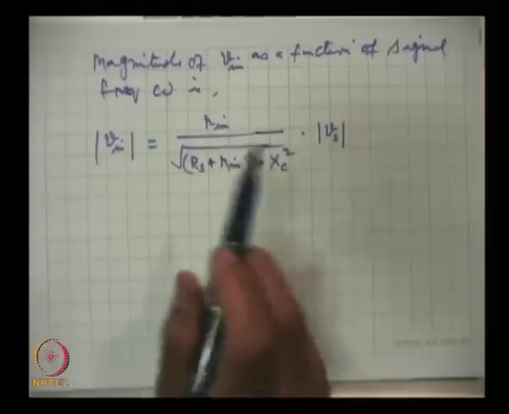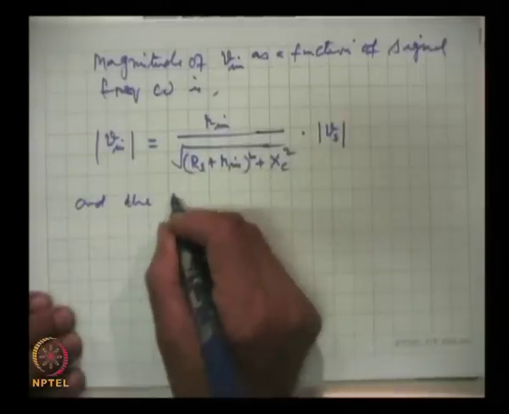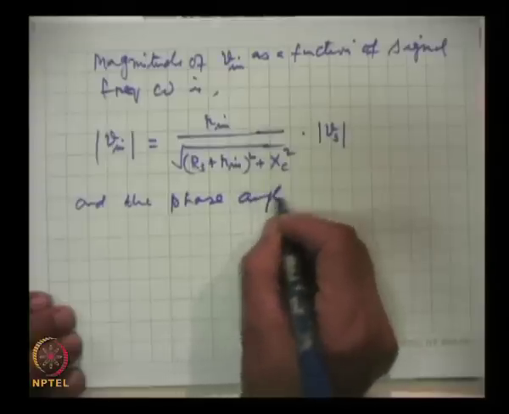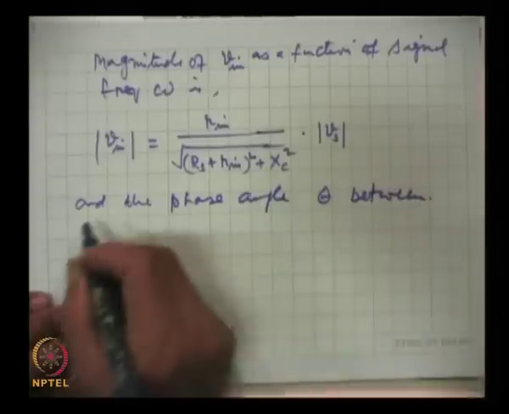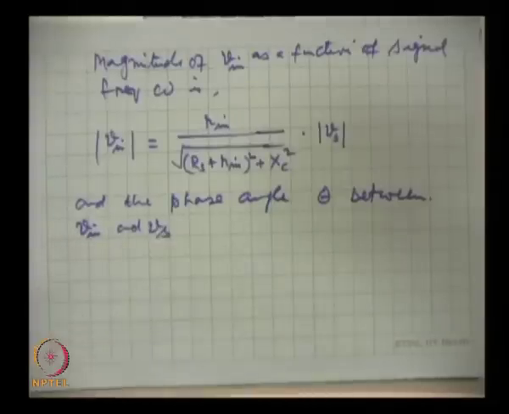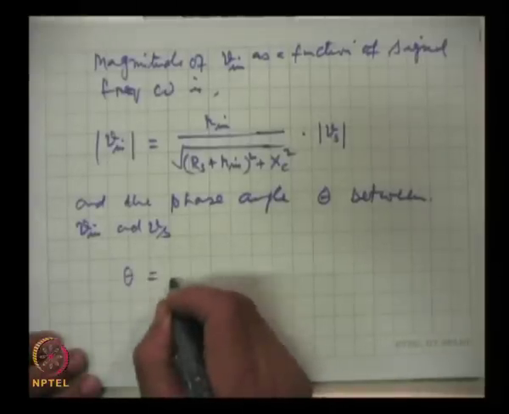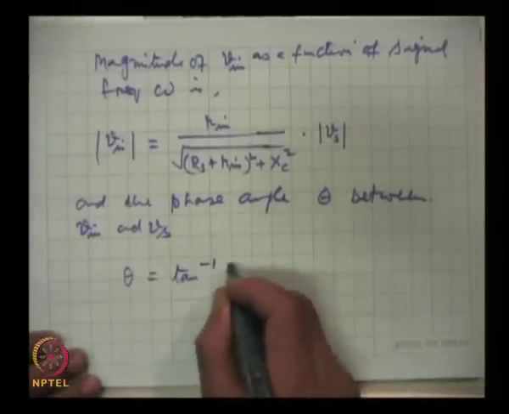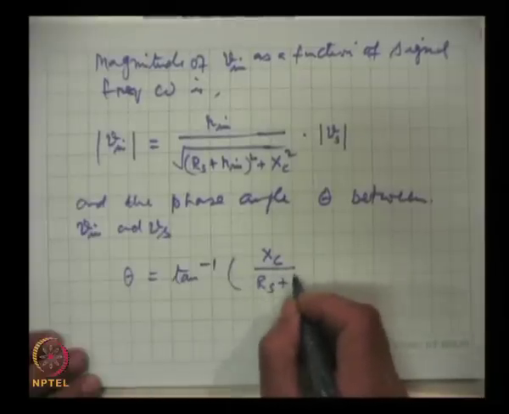This is the magnitude, and the phase angle theta between Vin and Vs, and the same phase angle will appear between output voltage and input voltage, and this theta is given by theta equals tan inverse of Xc over Rs plus Rin.